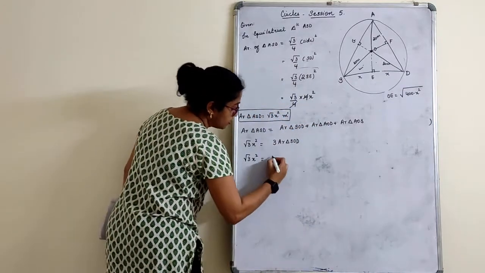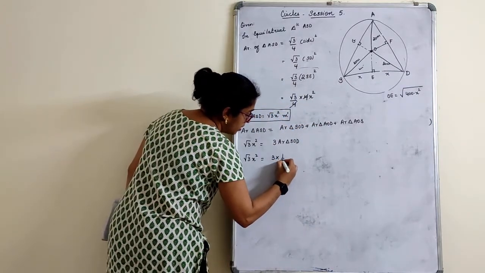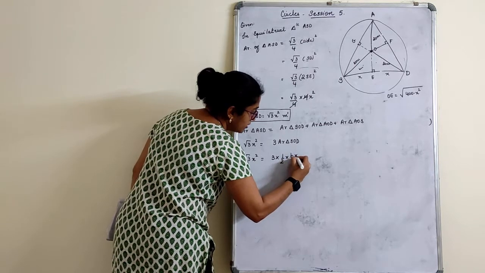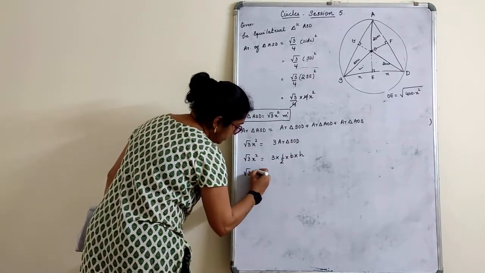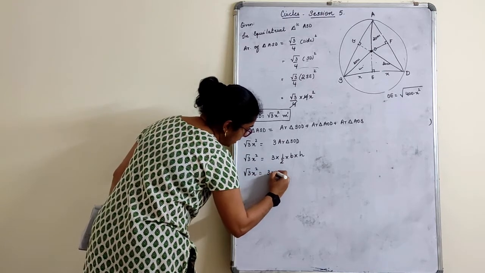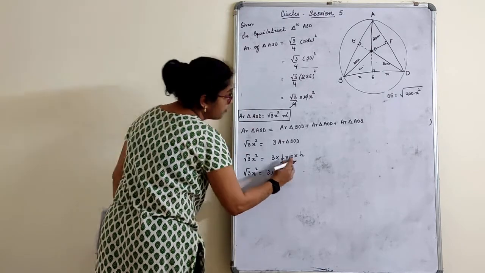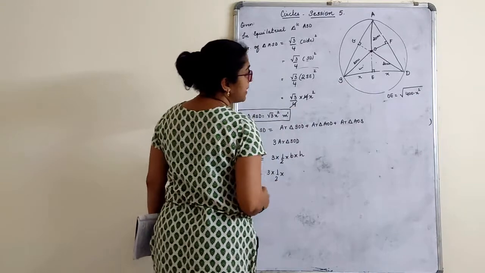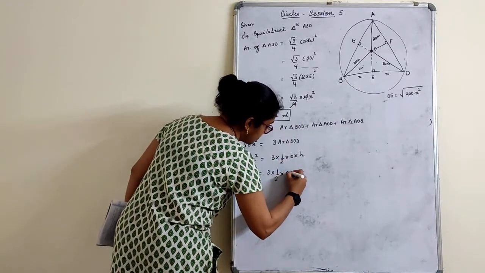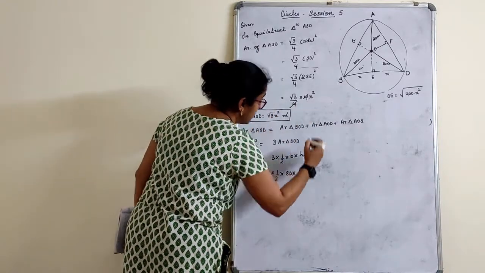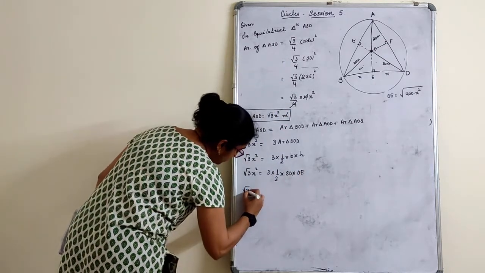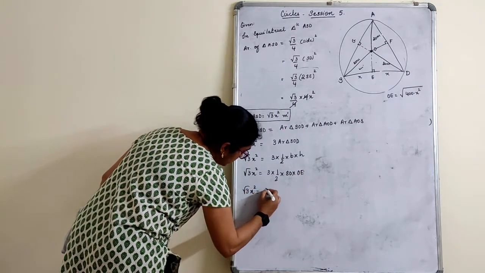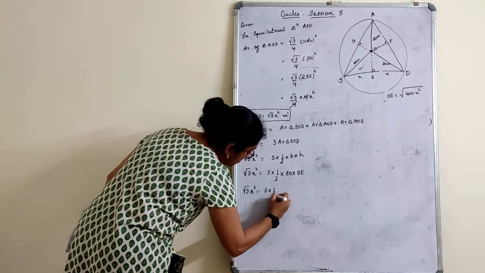Area of triangle SOD, 3 into, half into, base into, height. Okay. Root 3x square is equal to 3 into, half into, what is base of SOD? Base is SD. What is height? Height is OE. Okay. Root 3x square is equal to 3 into 1 by 2.